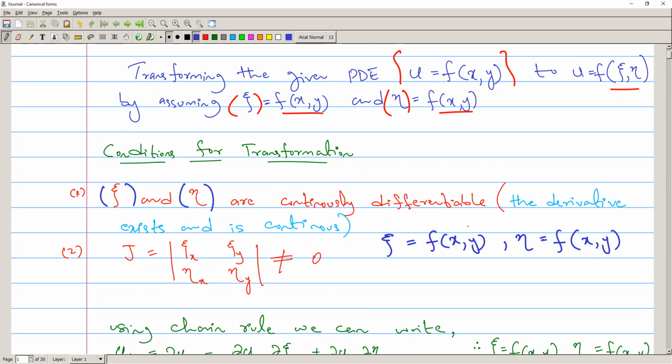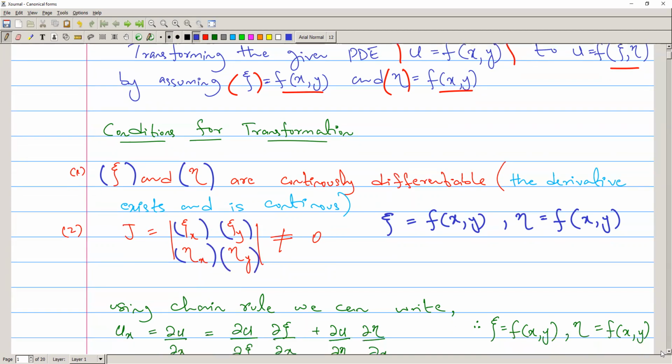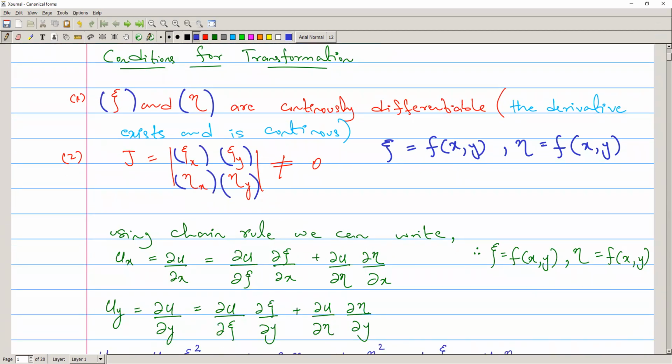We will differentiate psi partially with respect to x and y, and eta with x and y, and put it in the determinant of the Jacobian, and we will see whether it is equal to 0 or not. If it is equal to 0, then the condition fails. If it's not equal to 0, then we can follow our solution, right?